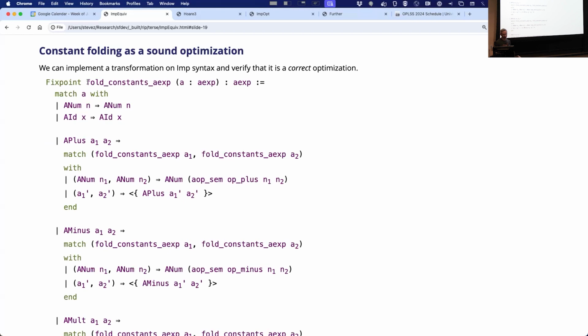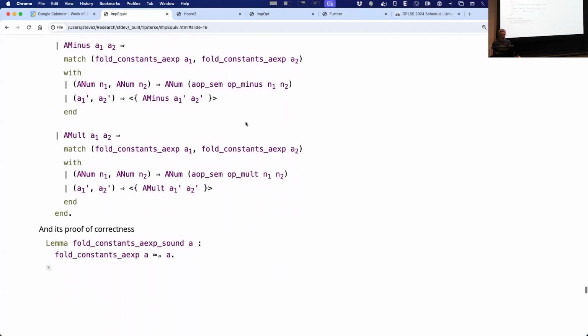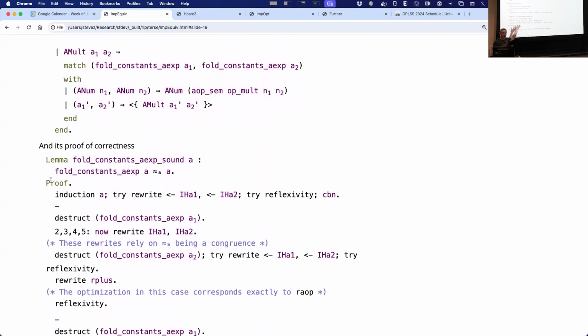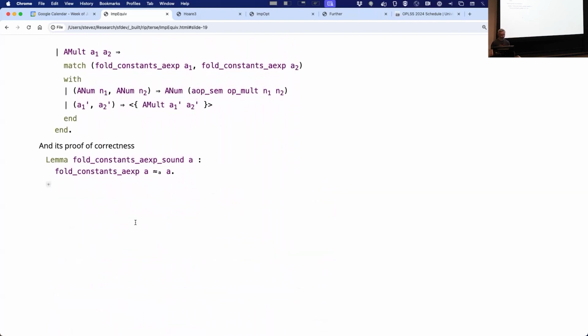In this case, it's folding constants that just takes an arithmetic expression and produces an arithmetic expression. And then we could prove that it's sound by using our notion of equivalence. And the proof ends up being fairly simple by just rewriting according to those rules that we saw.